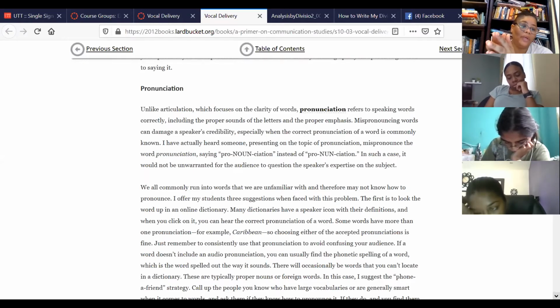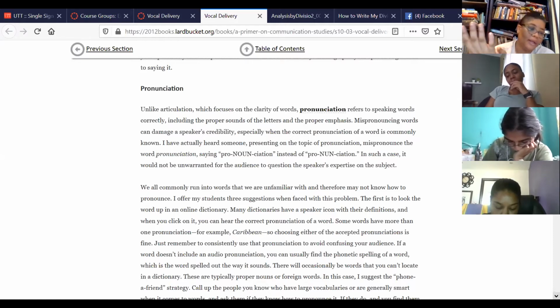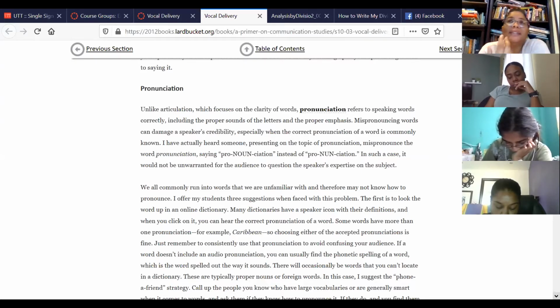So there are certain words that we will pronounce a certain way in the Caribbean that might not be the pronunciation in the US or Canada or England or Africa or India, for example, right? Knowing the accepted or typical pronunciation in the culture that you're trying to communicate with helps clarify what you're trying to say, right?